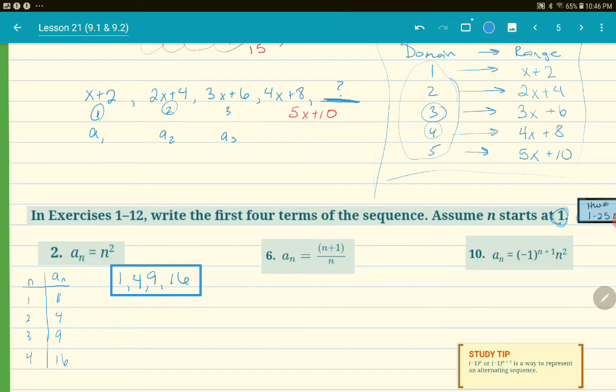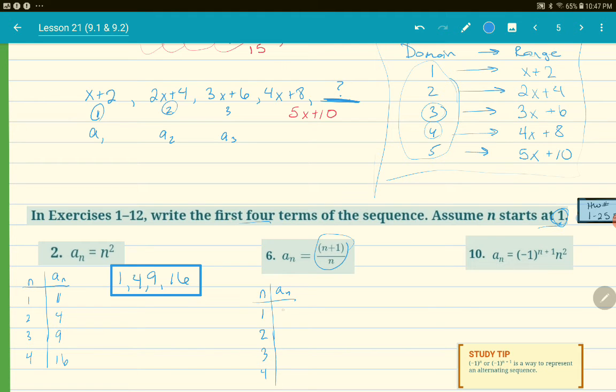All right, let's do that again. So again, we have four terms starting with n equal to 1, 2, 3, 4. So when n equals 1, this thing, which is a sub n, is 1 plus 1 in the numerator over 1.